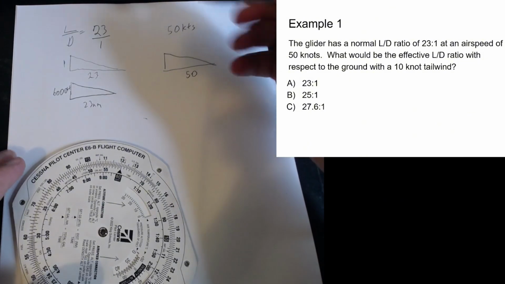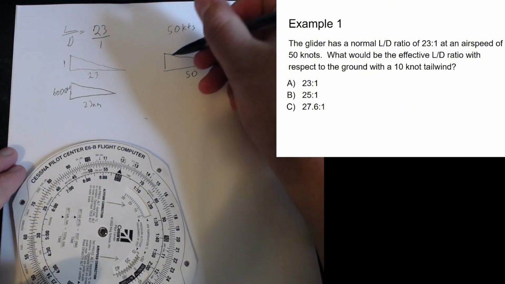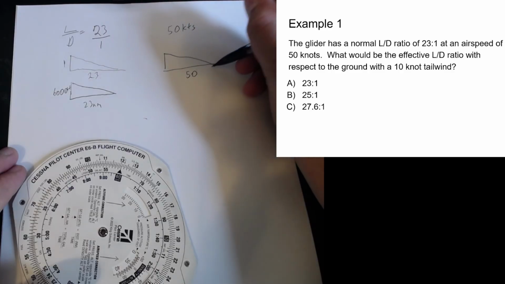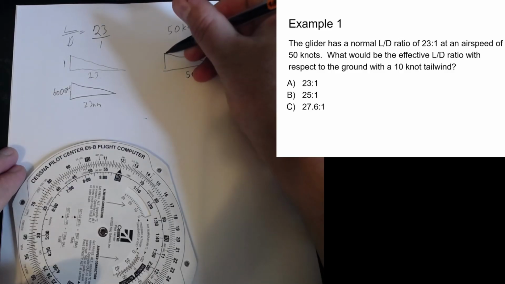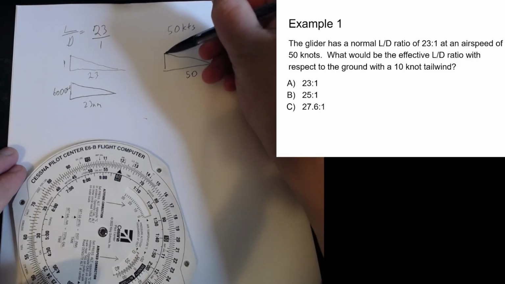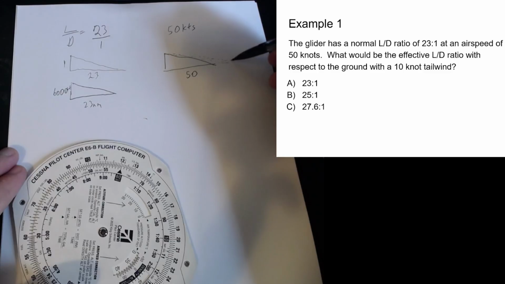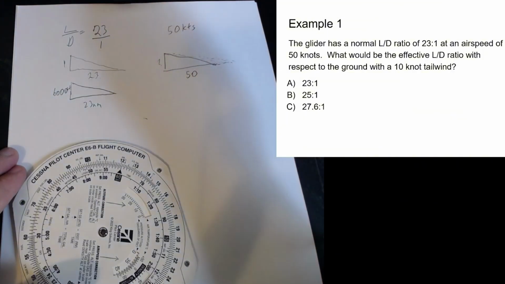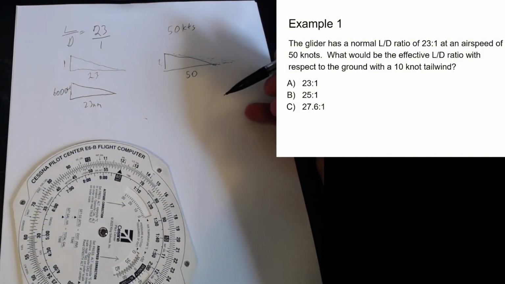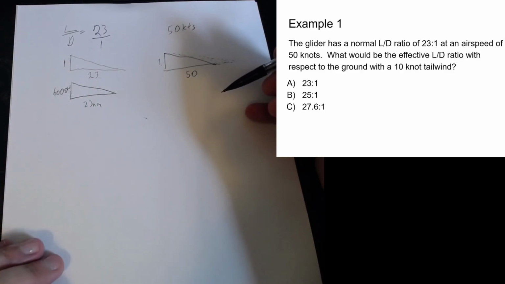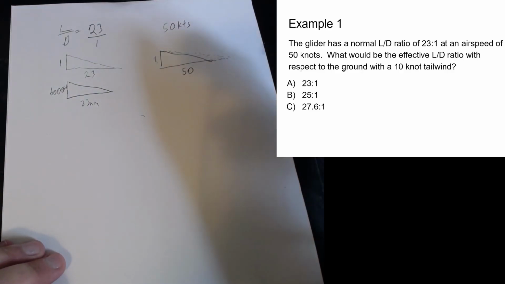But once we add on a 10 knot tailwind and extend it out, this larger triangle is no longer a similar triangle. We have to use the original 50 to some number. This is a two-step problem, but as a commercial pilot, you're not worried about that.